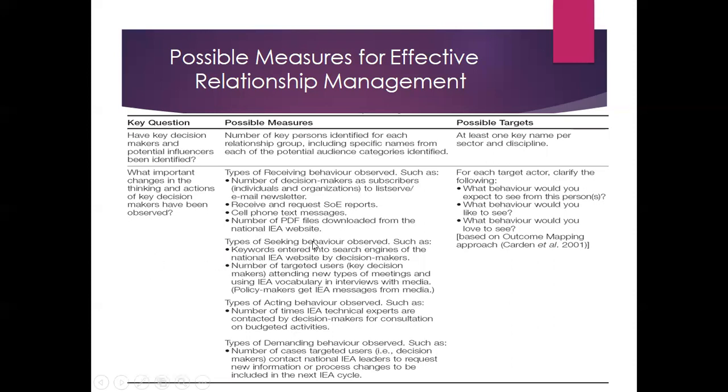You can look at the types of seeking behavior. The first one is a little bit more passive, whereas the seeking behavior would be a little more active. These are people who are motivated to get the information. So you can categorize them like that.